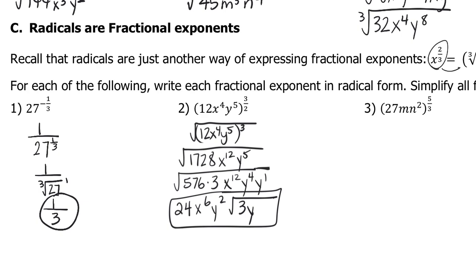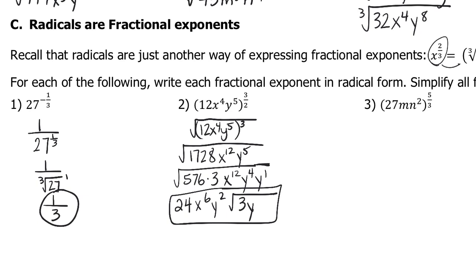Okay, one last one to do here. So I've got 27 m squared and mn squared to the power of 5/3. So that is going to be the cube root of 27 mn squared to the power of 5.